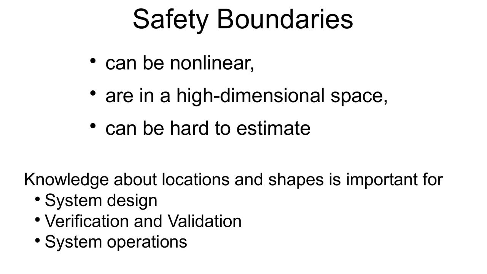The knowledge about boundaries is also very important for verification and validation, both on system level as well as on software level, and finally also for system operations. Because of this, it's important to be able to find these boundaries in high-dimensional spaces.